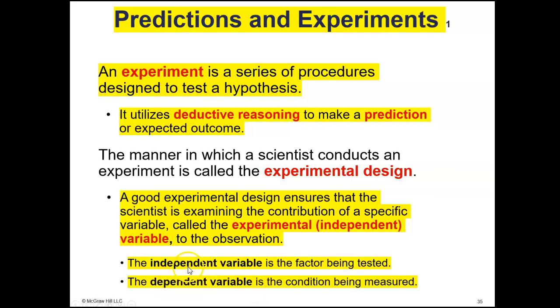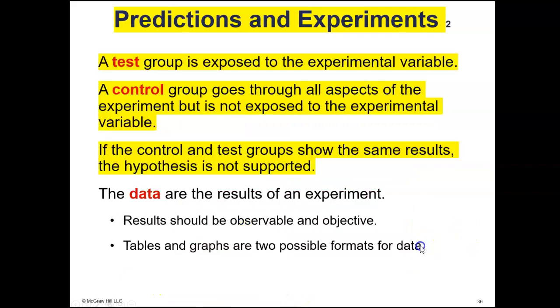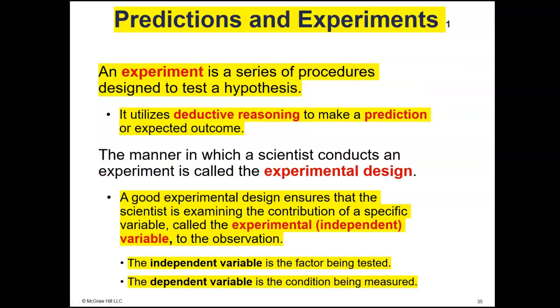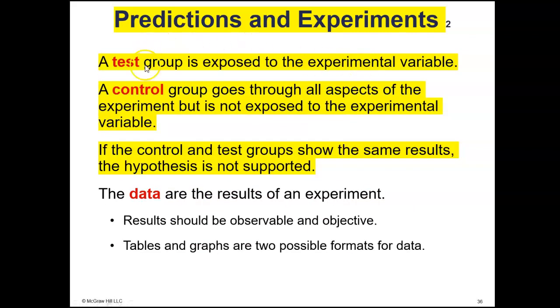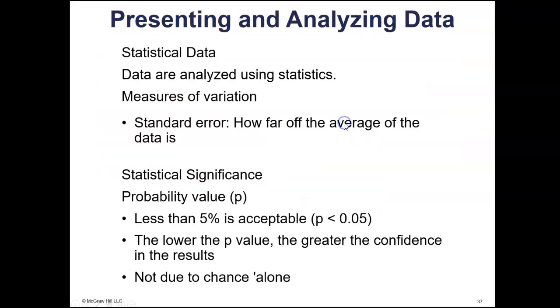The factor being tested is the independent variable, and the condition that we're measuring is the dependent variable. You also have two different groups in an experiment. A test group is exposed to the experimental variable, which is your independent variable. And the control group goes through all aspects of the experiment, but is not exposed to the experimental variable.